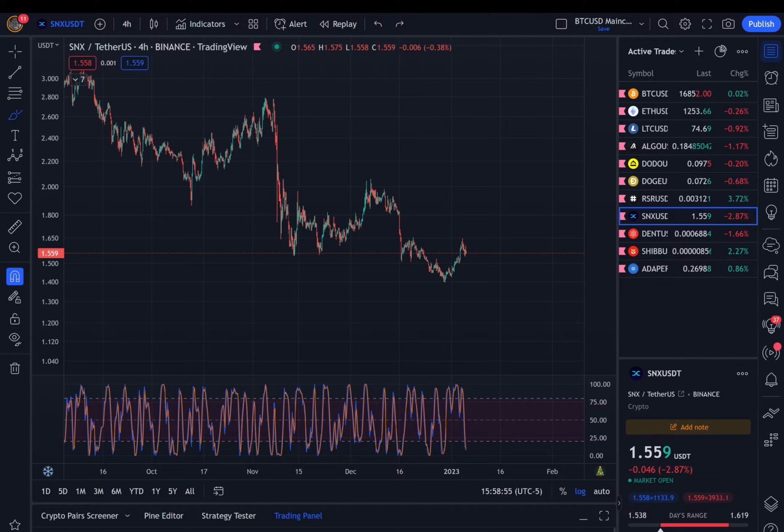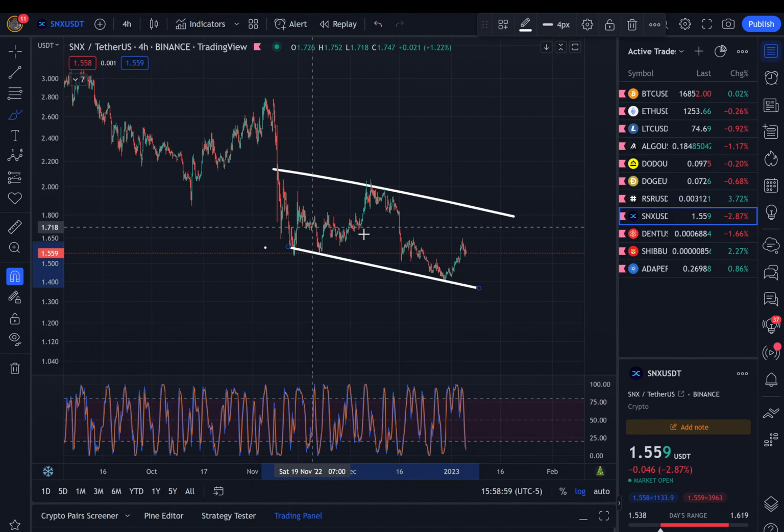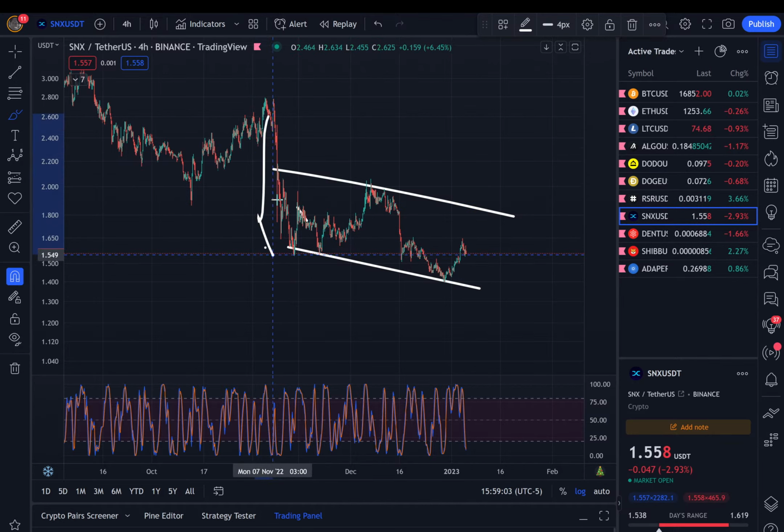What I was saying is, on synthetics, you can see here that same channel that we just saw in RSR and Dogecoin and Dodo, right? FTX drawdown. I just say FTX drawdown because it's highly probable that the market did move on the news of FTX's collapse, and that may have resulted in a further drawdown. Maybe, don't know.